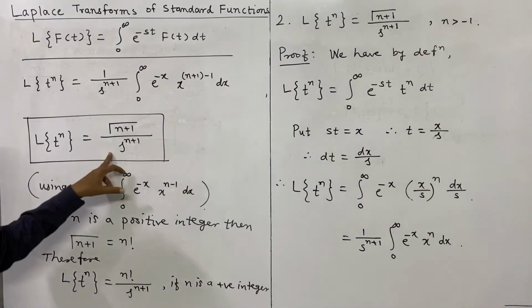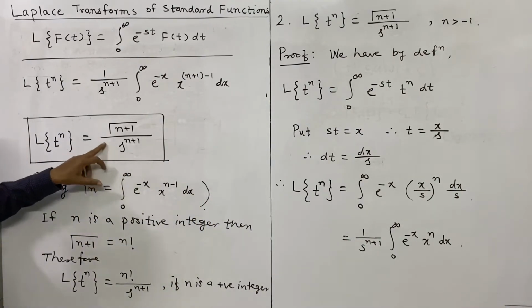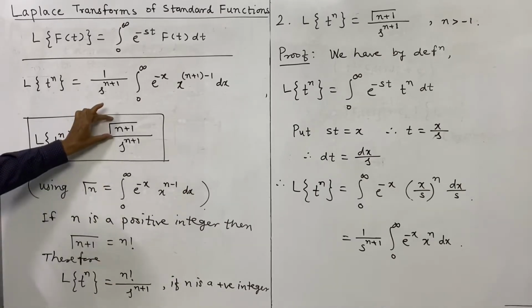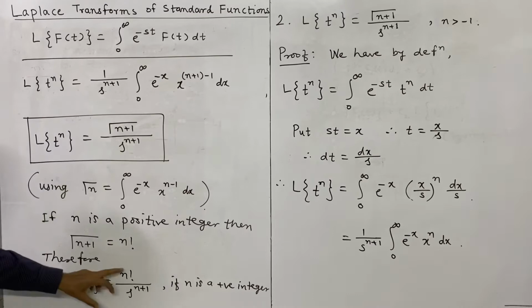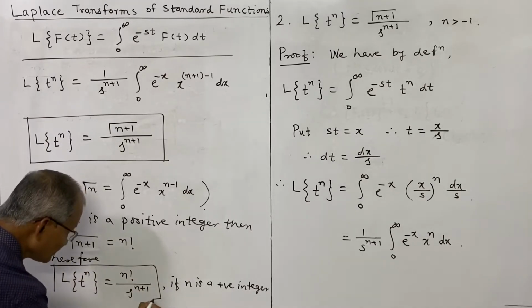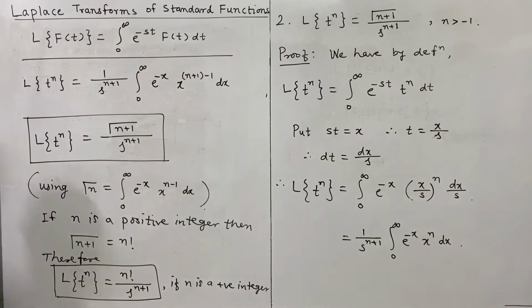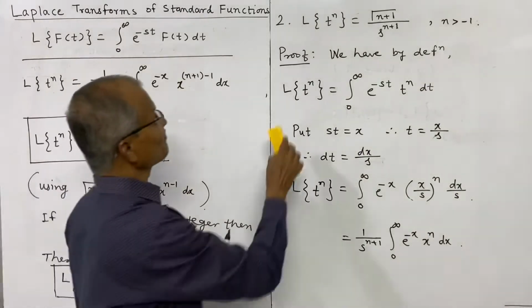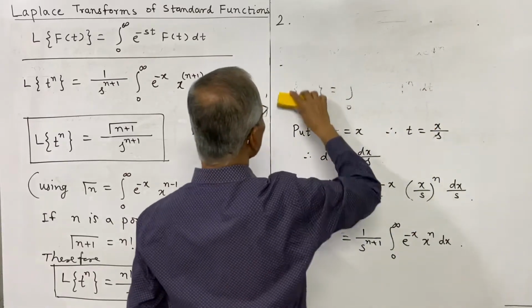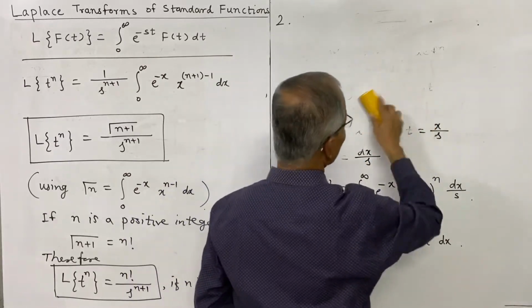Actually this is the main result, and if n is a positive integer, then it takes this form, since gamma of n plus 1 is the same as n factorial. So both of these we should remember. Now it will be easy to use the results.